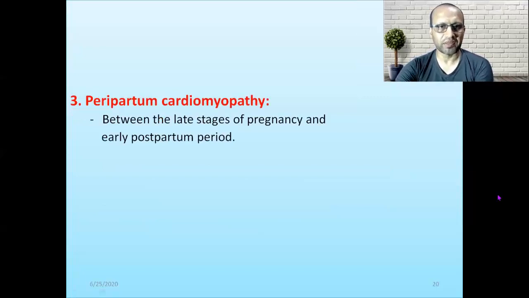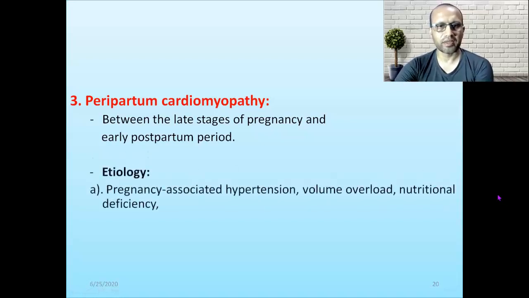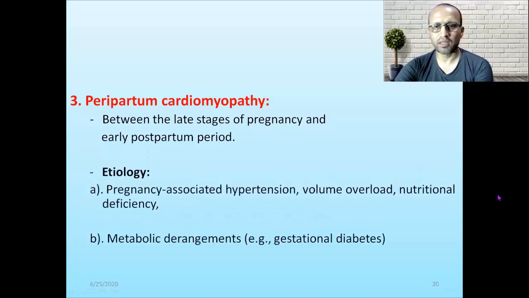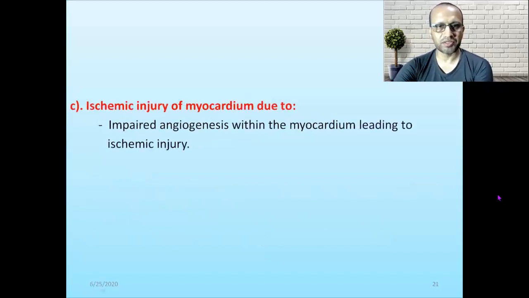Dilated cardiomyopathy can occur during peripartum period because of several reasons. It can occur because of pregnancy-associated hypertension, volume overload, nutritional deficiency, gestational diabetes, and ischemic injury of myocardial cells.